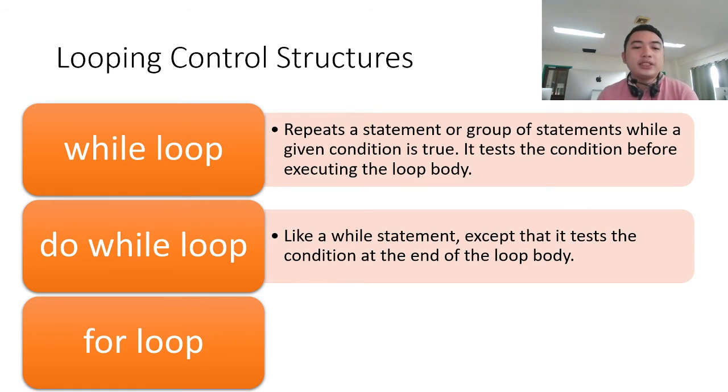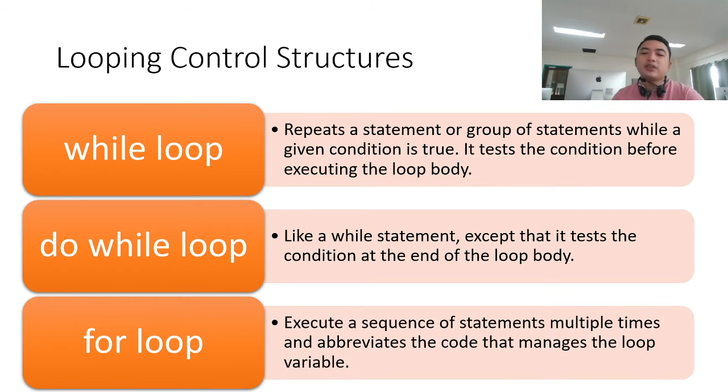Another type of looping structure is the for loop. The for loop is basically the most convenient type of looping structure for programmers because it's easy to understand and easy to code. However, it is different from the other looping structures in terms of the syntax itself.